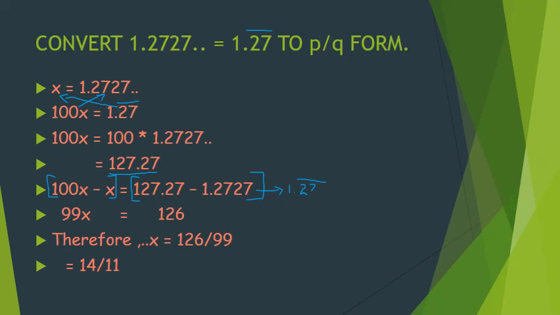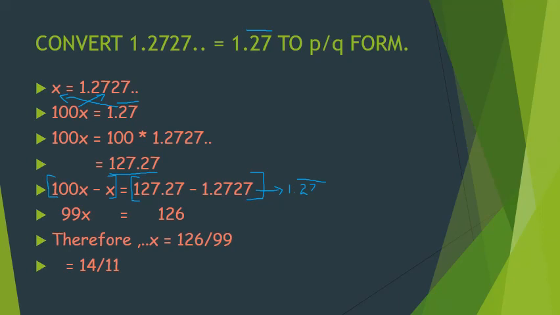So if I group them, I get 100x minus x equals 127.27 minus 1.2727. The further simplification of these groupings will be 100x minus x gives us 99x as a difference, and 127.27 minus 1.2727 gives us 126.